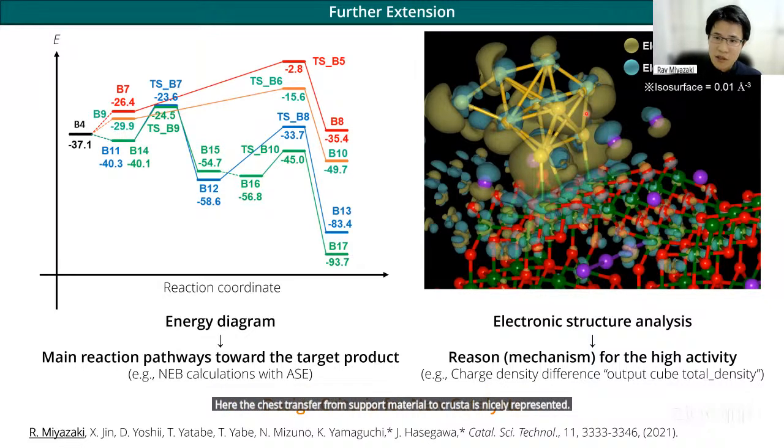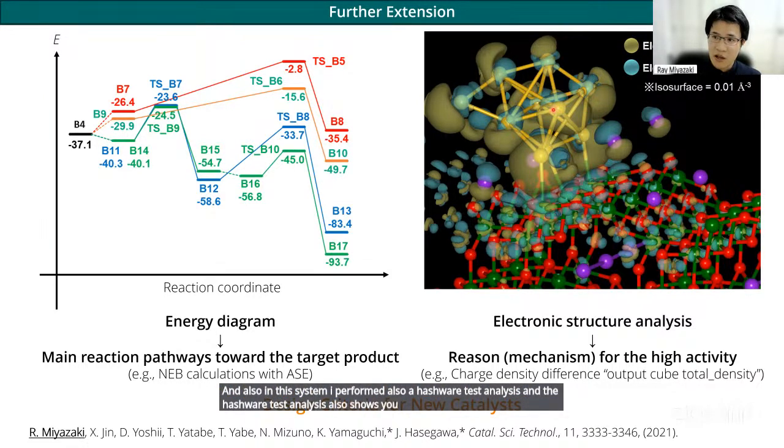I also performed a Hirshfeld charge analysis, and it also shows the charge accumulation at the cobalt cluster. That means those two results are in good agreement, so the population analysis worked very nicely for this system.